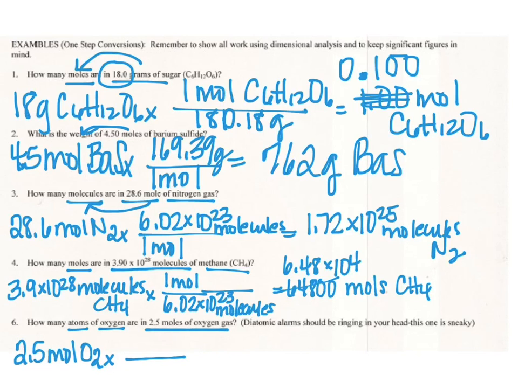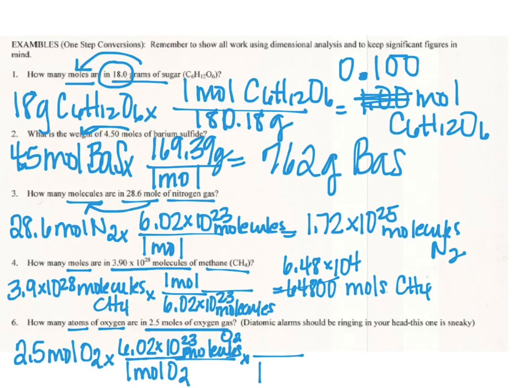And for every 1 mole of oxygen gas, there are 6.02 times 10 to the 23rd molecules. So we're in molecules of O2.